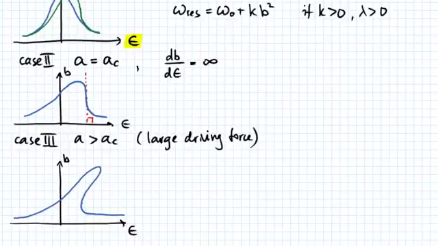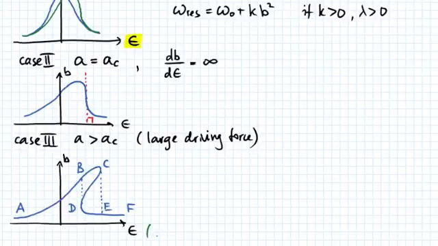There will exist a region where B is no longer a unique value for each epsilon. So the resonant curve, say A, B, C, D, E, and then F, can experience hysteresis.